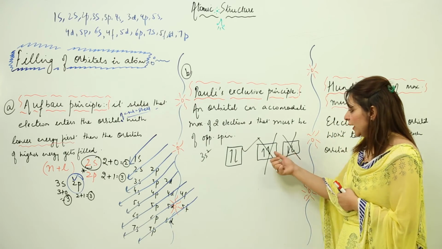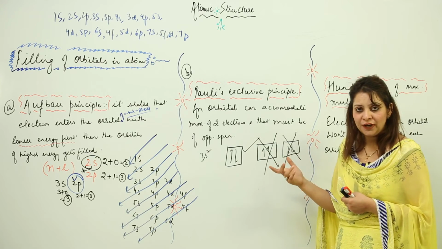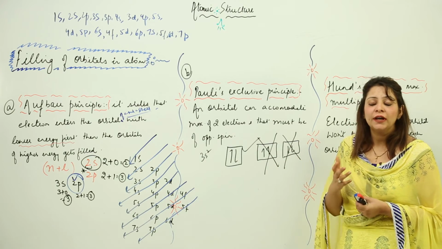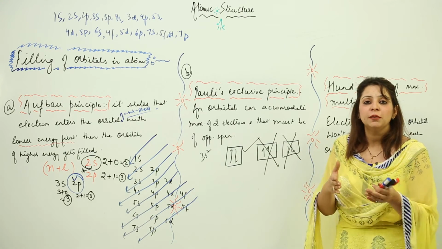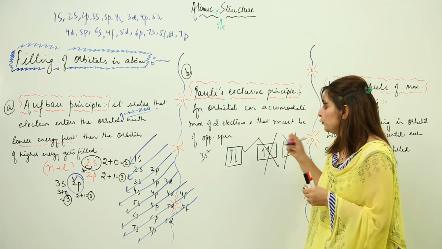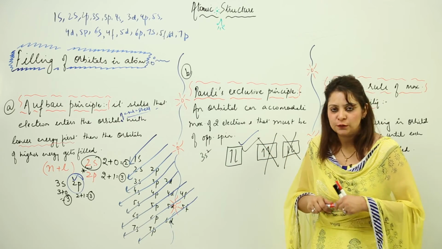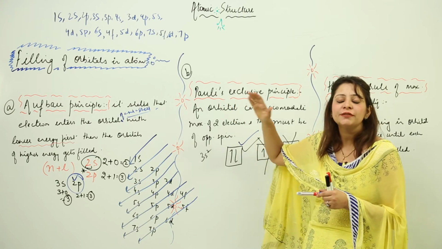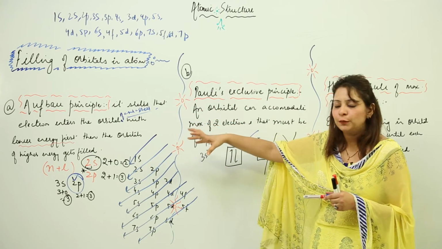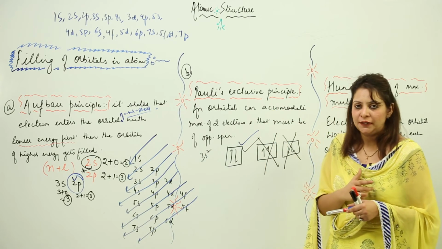But in these 2 cases you saw that all the 4 quantum numbers are the same, even the spin is the same, right. So it is not possible, because in an atom all quantum numbers cannot be the same for any 2 electrons. So you need to fill in this way, that means one with the clockwise spin, another with the anti-clockwise spin. So this is the second rule which we have to follow after the Aufbau principle, and while filling the orbitals we need to use Pauli's exclusion principle there.